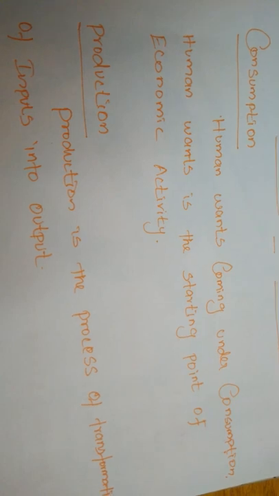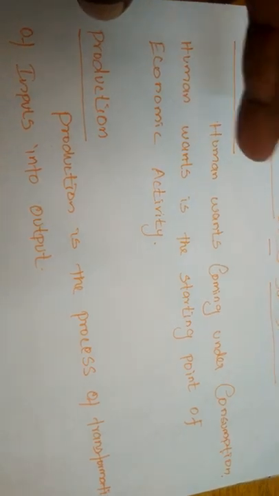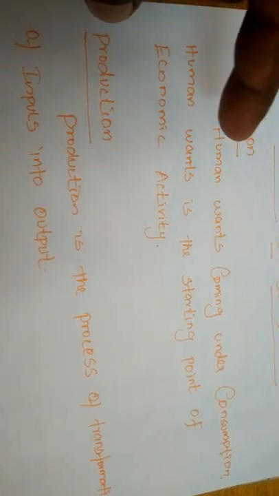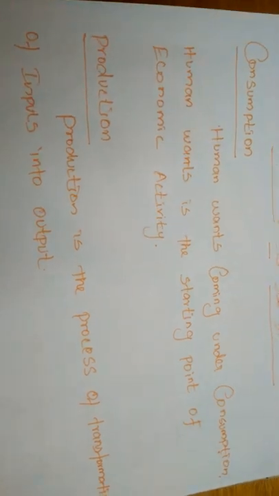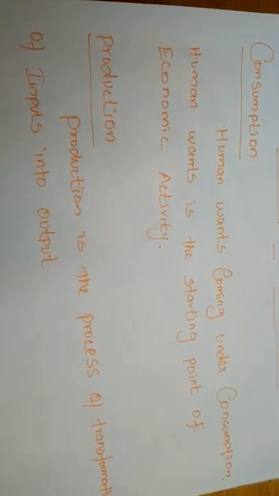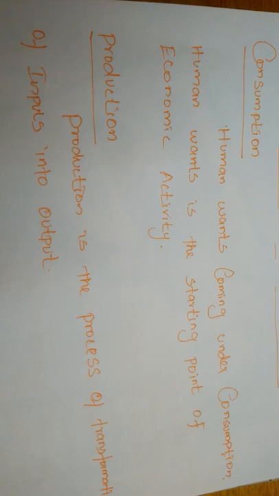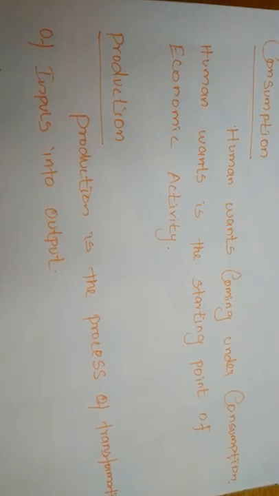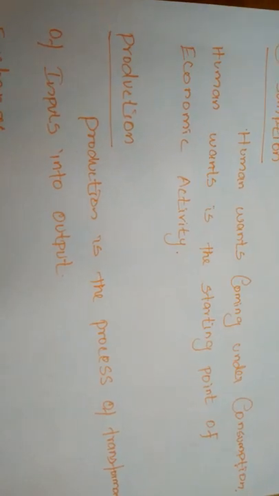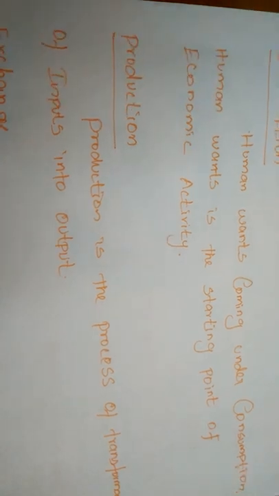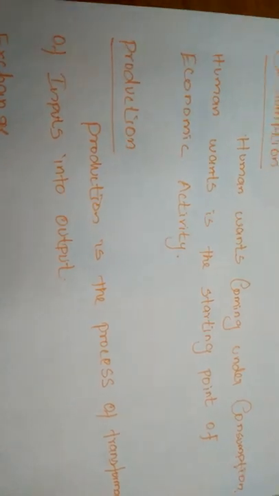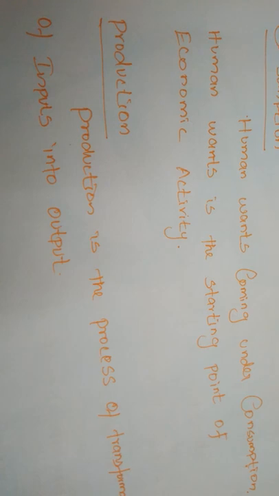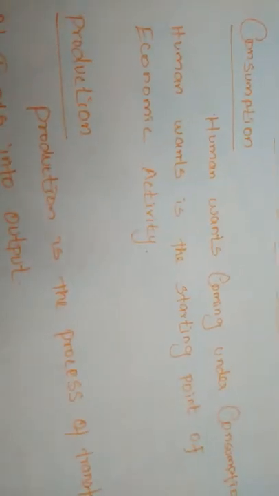Human wants lead to the efforts to obtain the commodities, and on the basis of that effort, they get the commodities to consume. Then again new wants will arise. So the human want to consume the commodities is the basic starting point of all economic activity.